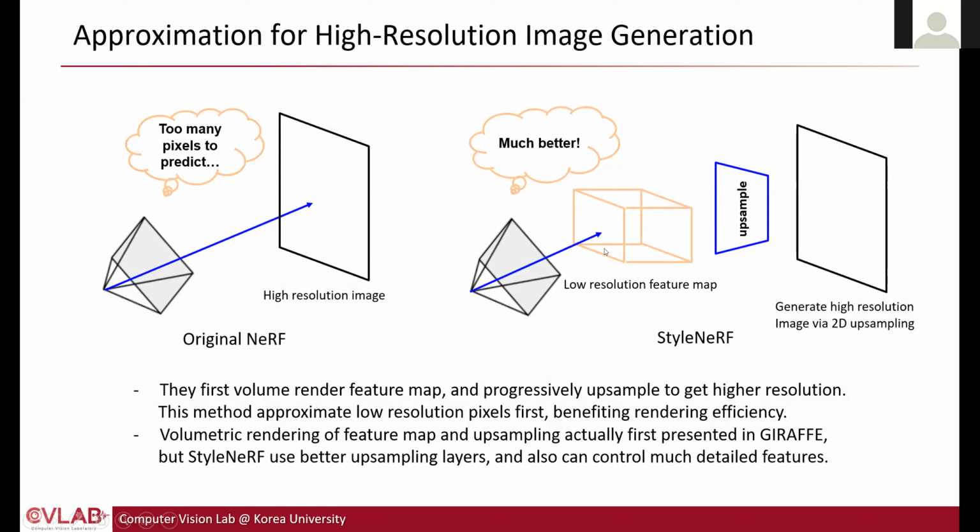So they just volume render in low resolution feature maps, and then upsample the feature map to high resolution images. This was actually first presented in GIRAFFE, but they used novel upsampling layers to keep the image more consistent in 3D.